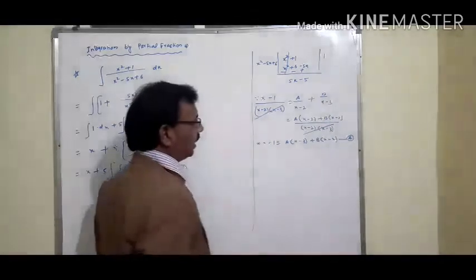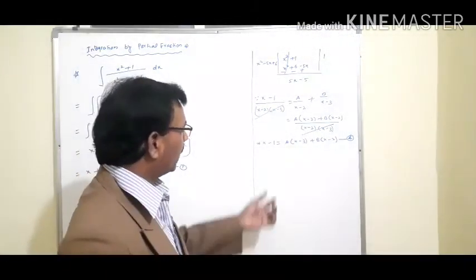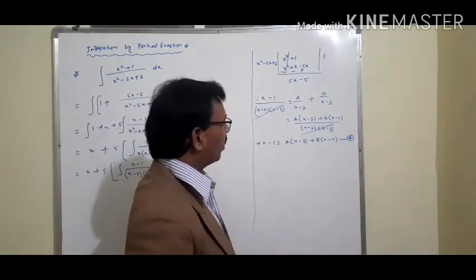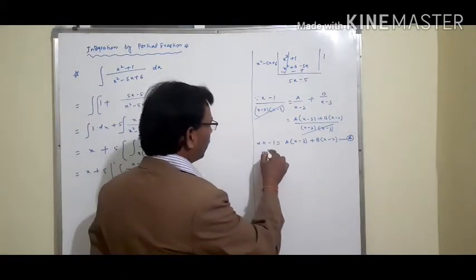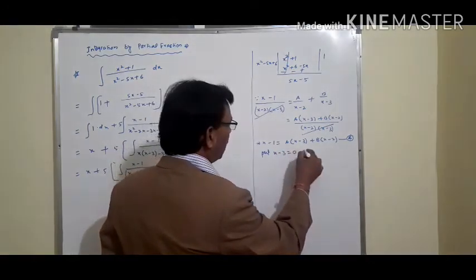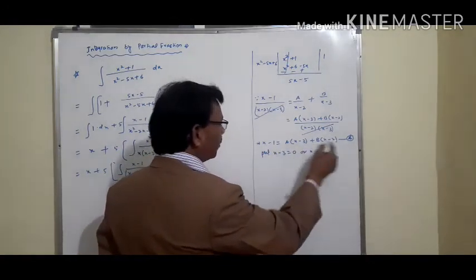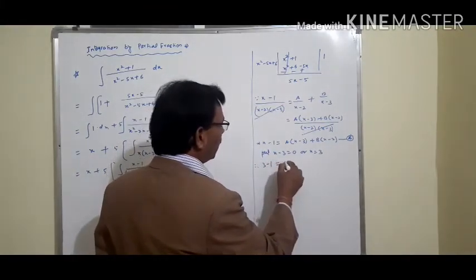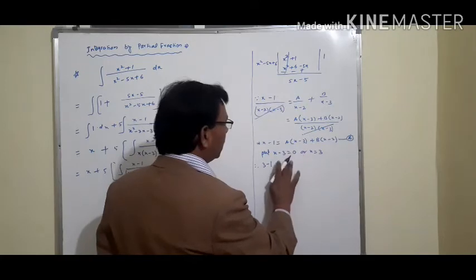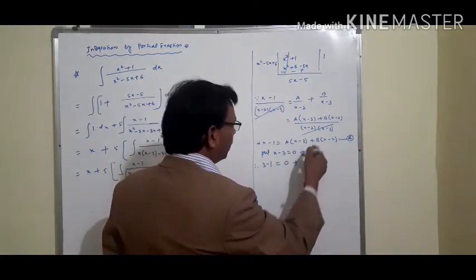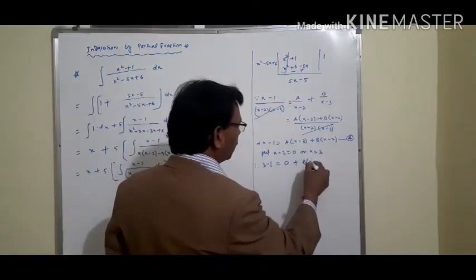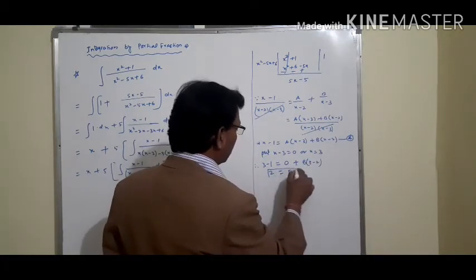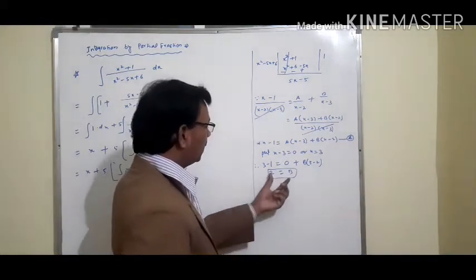Suppose this is equation A. Now for finding the values of A and B, put x minus 3 equal to 0, or x equal to 3, on both sides. Therefore 3 minus 1 equals A into (3 minus 3), which is 0, plus B into (3 minus 2), so 2 equals B. This is the value of B.